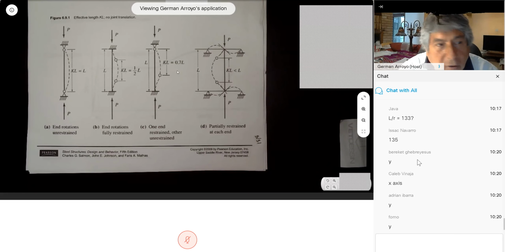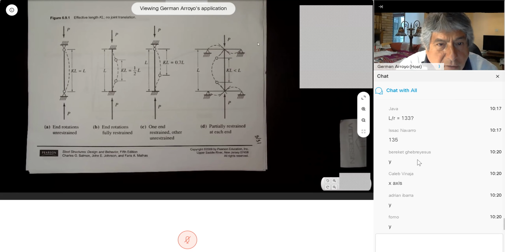And here it's always pin, K equals 1. In here, the code sometimes recommends different values. From this point to this point is the KL, and from this point to this point is the KL. Look, they have two values. We always use the largest. If you look at this sketch, this one is more than that, always the largest.